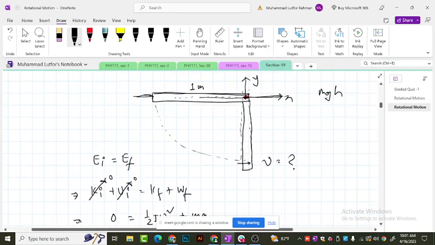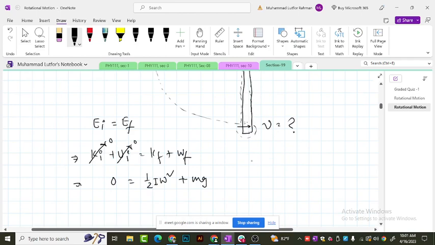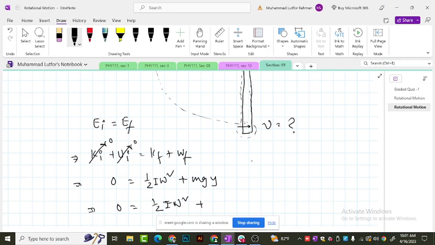Now when it strikes the surface over here, I can say it has rotational motion, so I write half of I omega square, and its potential energy mgy. And I have to find out what that y should be over here. So half of I omega square minus mg times y.